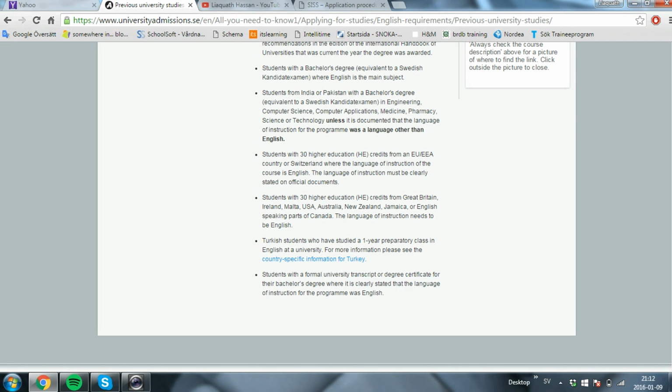It's kind of flexible, in the sense that when the admission committee is reviewing your application, they are human beings like us, so they have the absolute authority to consider a separate paper, or to not consider it because it's not clearly stated in the transcript. So it's up to them. But let me stick to what is written on the website. So no comments from my side, except this one.